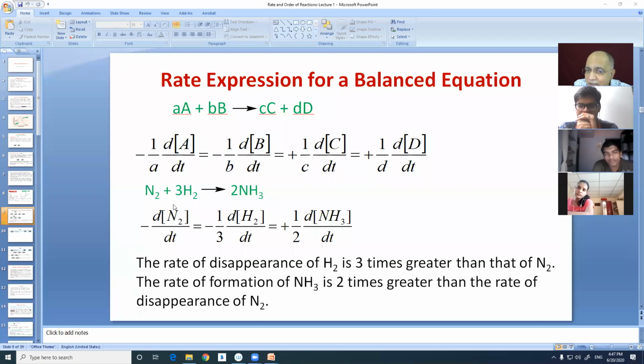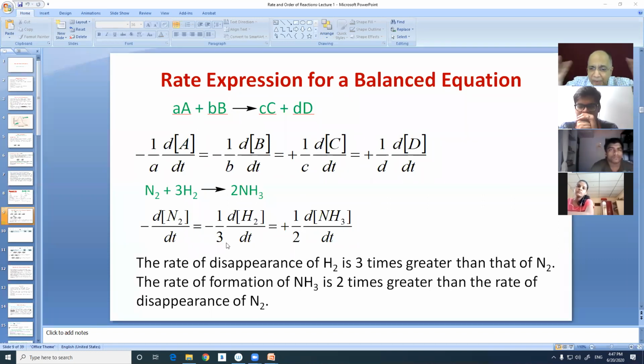Now see here, nitrogen, the coefficient is 1, so 1 by 1, nothing. And for hydrogen, 3, 1 by 3. That means the rate of disappearance of nitrogen is 1/3 the rate of disappearance of hydrogen. And the rate of disappearance of nitrogen is half of the rate of formation of ammonia.